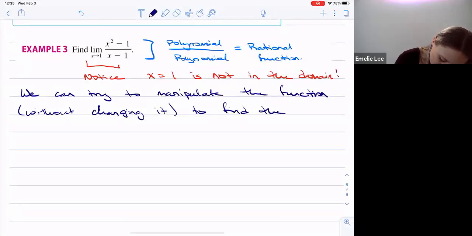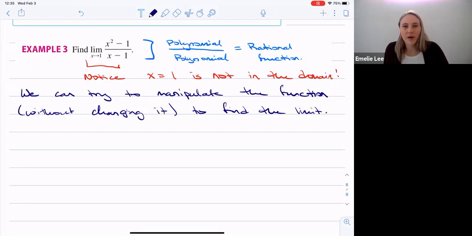To find the limit. Okay, so one of the options, and probably it'll be your go-to option if you come across this situation where if you just plug it in, it's not going to work, is to factor and cancel.